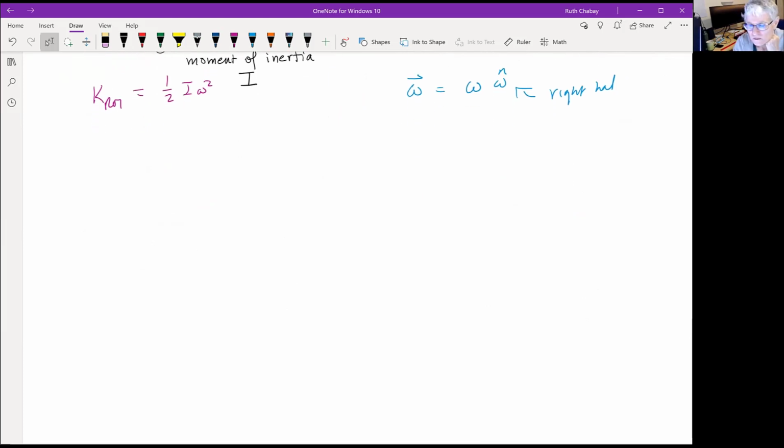Let's calculate some moments of inertia just to make this concrete. Let's go back to our spheres and rods for a minute. Say here's 4 kilograms, 4 kilograms and 4 kilograms, and this is 3 meters long. It's fairly clear the center of mass is going to be in the center, but what is the moment of inertia?